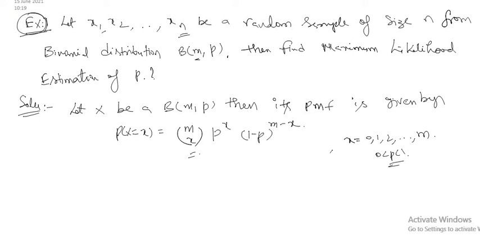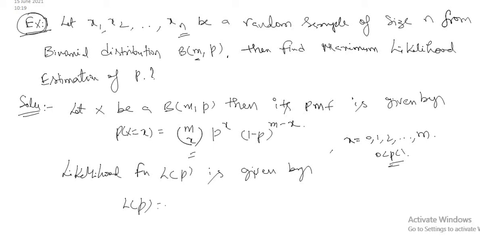Now I have given the function. Now write down the likelihood function. Likelihood function L of p is given by L of p equals product over i equals 1 to n of f of xi comma p.